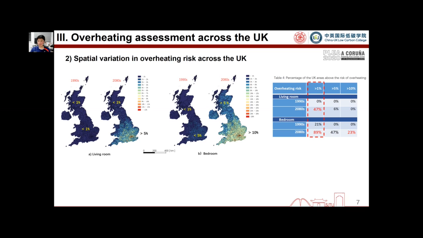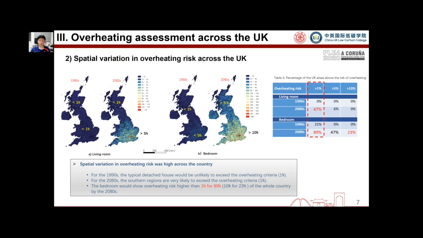For the 2080s, 47% of the country would show that overheating risk in the living room would exceed 1%. And for bedrooms, 89% of the country would exceed 1%. 23% of the country, mostly in the southern area, would exceed 10%. And the spatial variation in overheating risk was significantly high across the country.